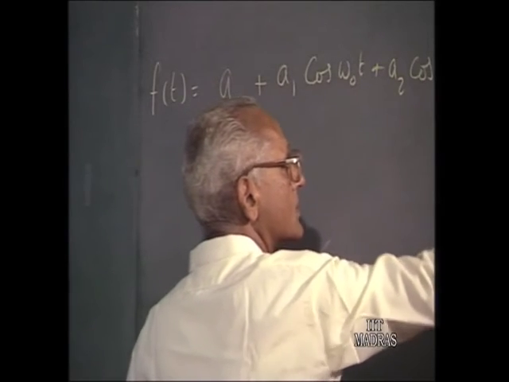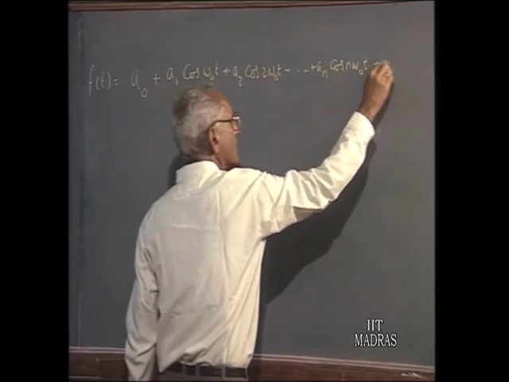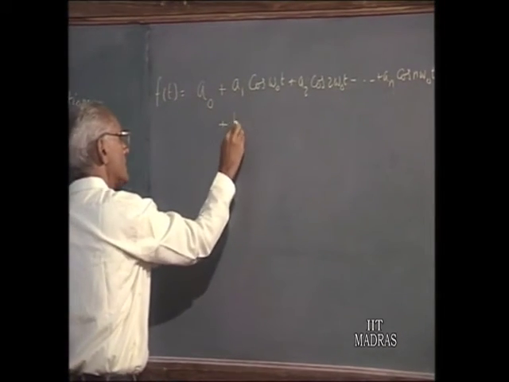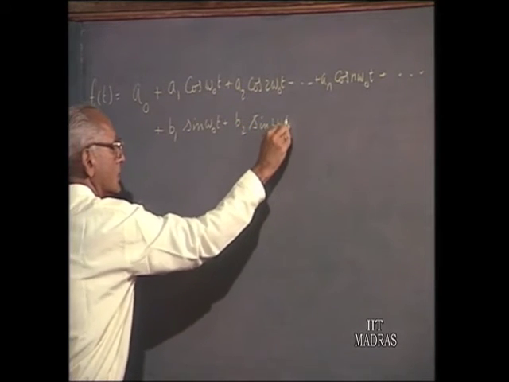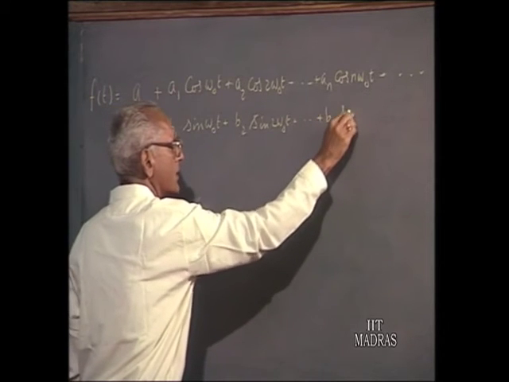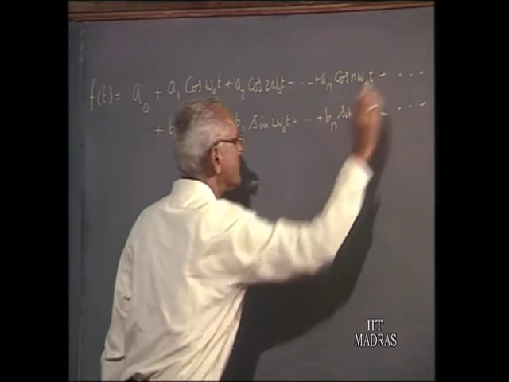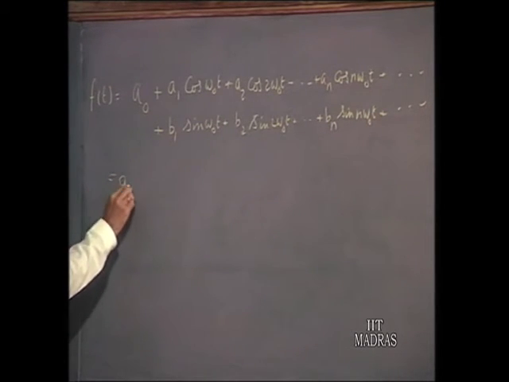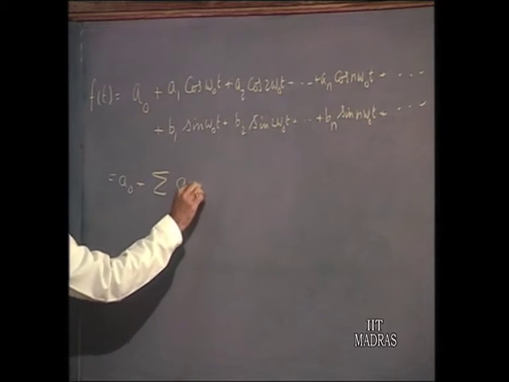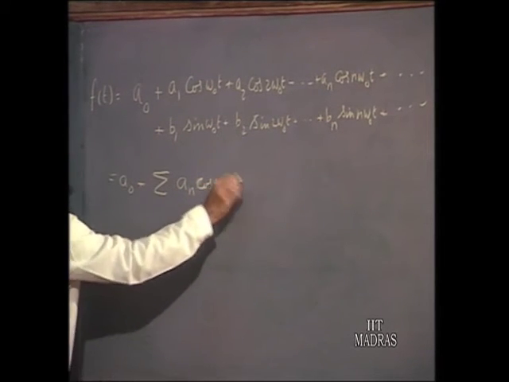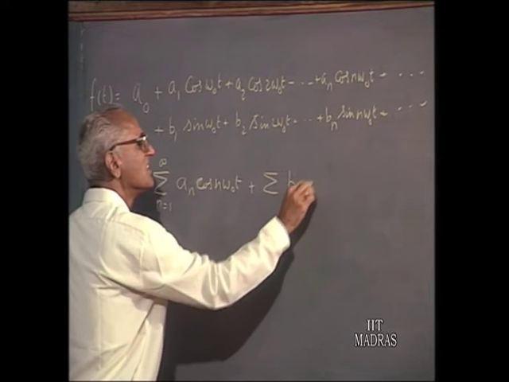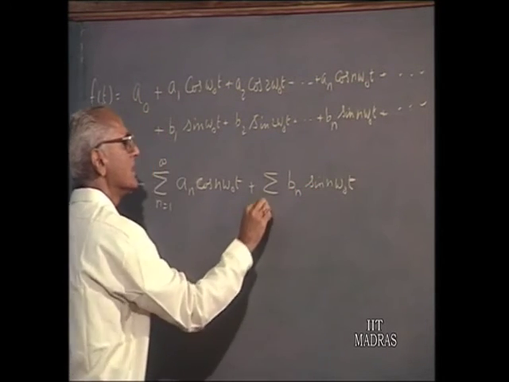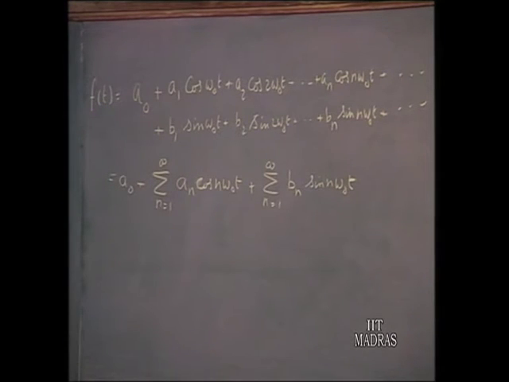A general term will be an cos n omega naught t, and so on up to an infinite number of terms, plus sine terms: b1 sin omega naught t, b2 sin 2 omega naught t, and a general term bn sin n omega naught t, etc. More compactly, this can be written as a naught plus the sum of an cos n omega naught t, n ranging from 1 to infinity, plus the sum of bn sin n omega naught t, n ranging from 1 to infinity. So, we have a whole infinite set of terms.